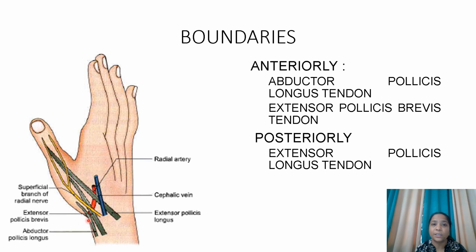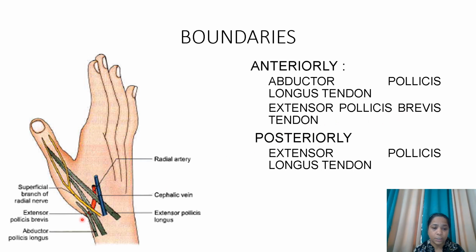One is the tendon of abductor pollicis longus. As the name indicates, abductor means the function of this muscle is to produce abduction, pollicis is related to the pollex or the thumb, and longus means the length of this muscle is longer. The next tendon is the extensor pollicis brevis tendon.